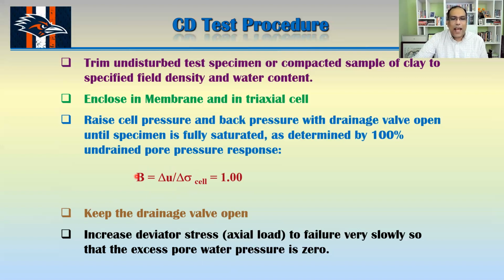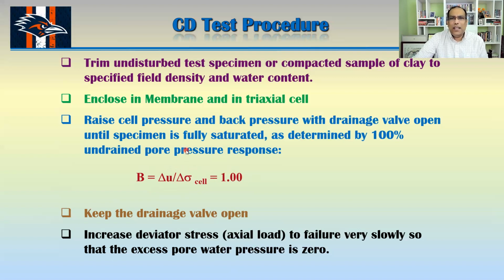Okay, in that situation, we can say that the soil is completely saturated. If the soil is not completely saturated, there are some air bubbles there, then your pore water pressure would be less than your cell pressure that you apply. Which means the soil is not saturated yet.